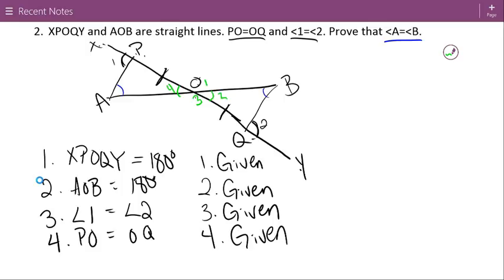Two adjacent angles can be seen as supplementary. So if we take angle 1 and angle 2, that gives us our straight line of XPOQY. It's a fun line to name all the time. And two opposite angles, such as 1 and 3, are equal.